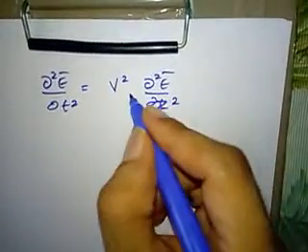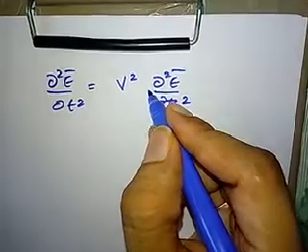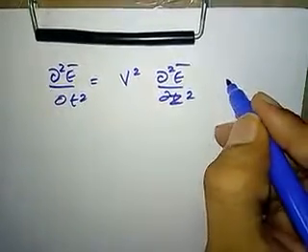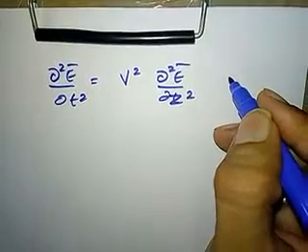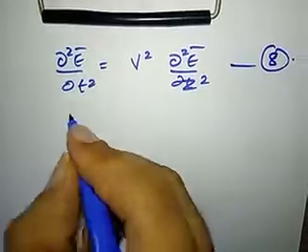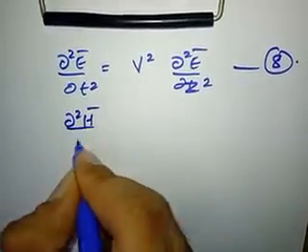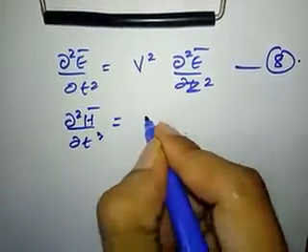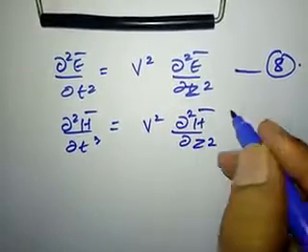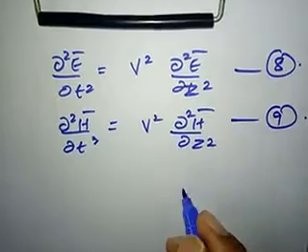I have just substituted V, that is 1 upon mu naught epsilon naught, in the above equation, and then I got this equation, which is equation number 8. Similarly, dou square H bar upon dou t square is equal to V square into dou square H bar upon dou z square. Take it as equation 9.